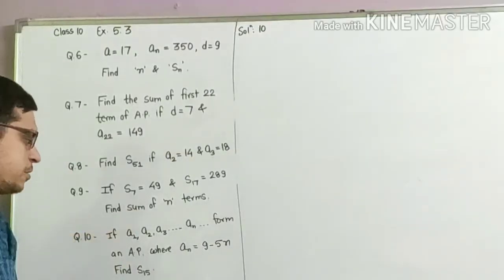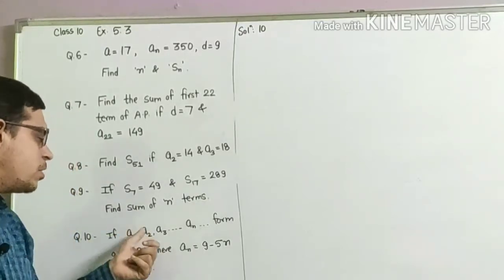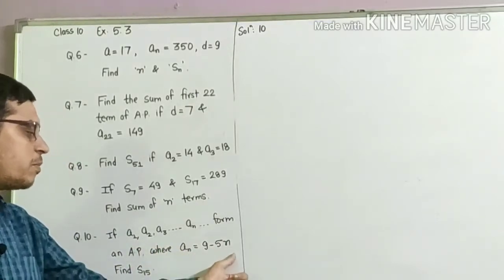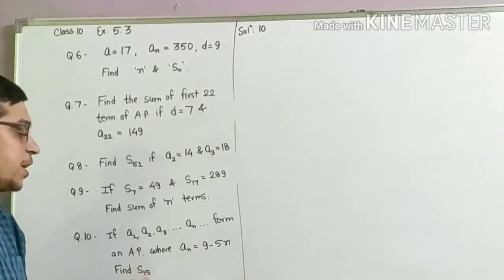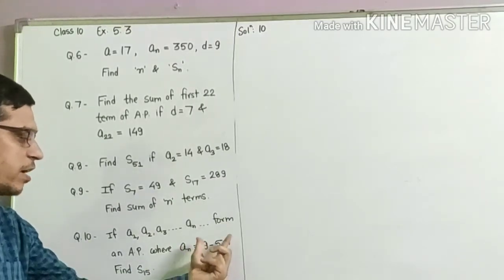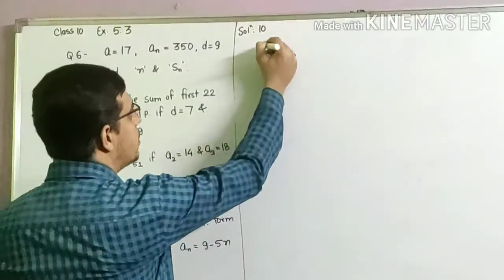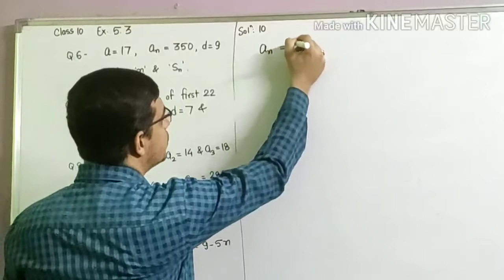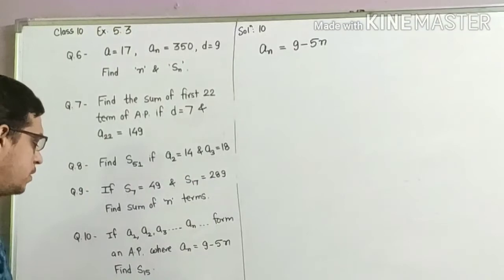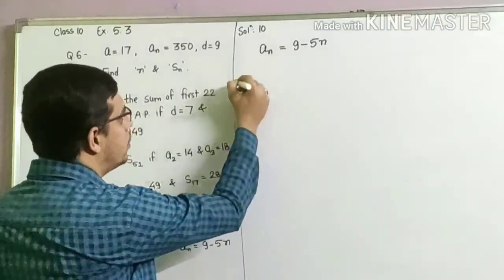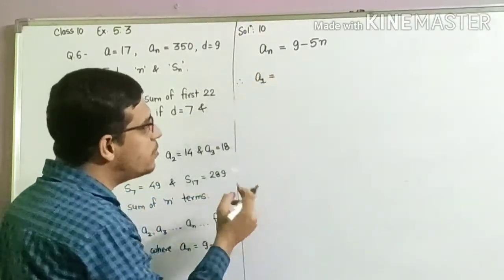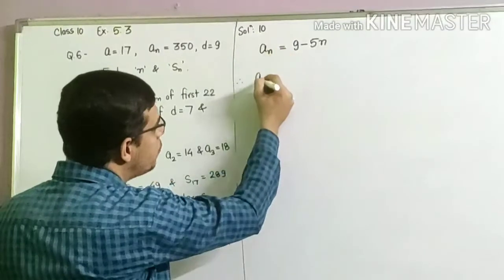Next is question number 10. The question says if a1, a2, a3, an form an AP where an is equal to 9 minus 5n, find the sum of 15 terms. So only one thing is given, an is equal to 9 minus 5n. Therefore for the first term a1, we have to put 1 in place of n.